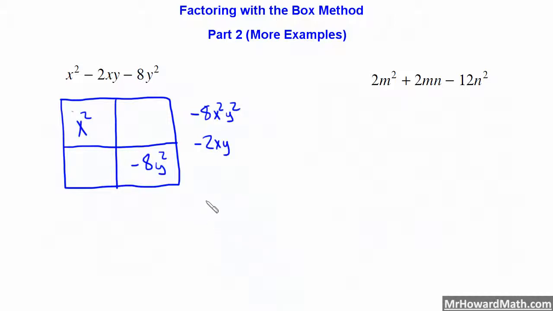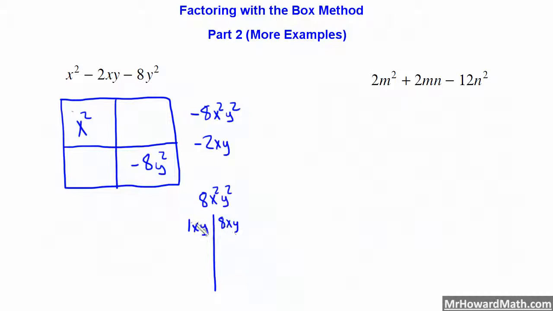Okay, so let's write this. We'll worry about the signs later. So 8x squared y squared. Let's make a little table here. So let's see. Well, let's start it this way. 1xy and an 8xy.